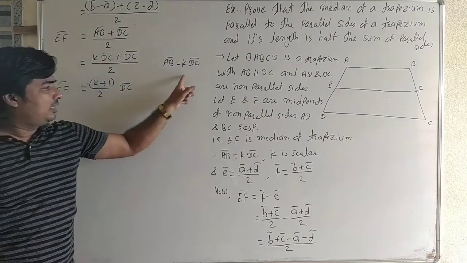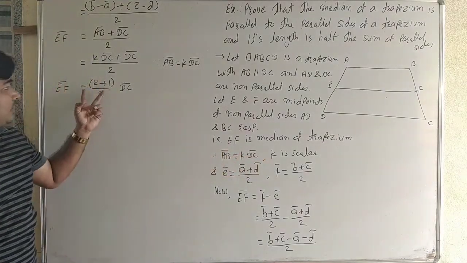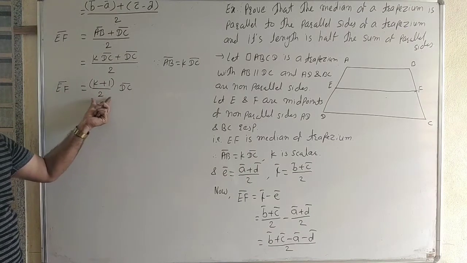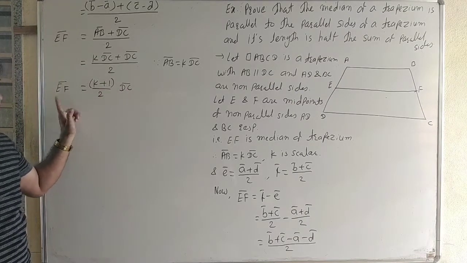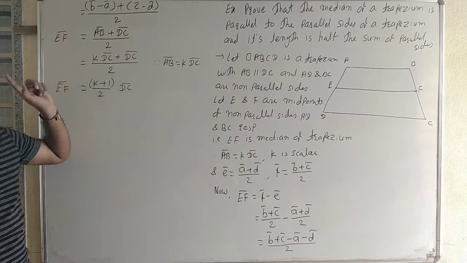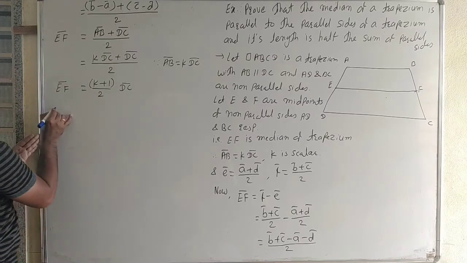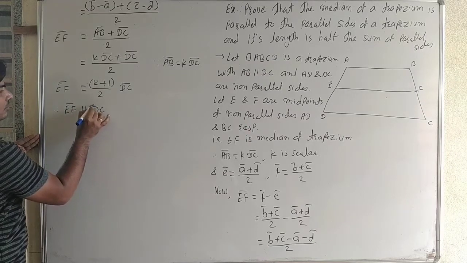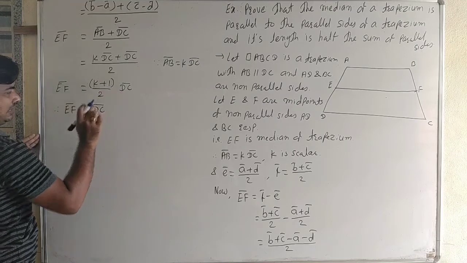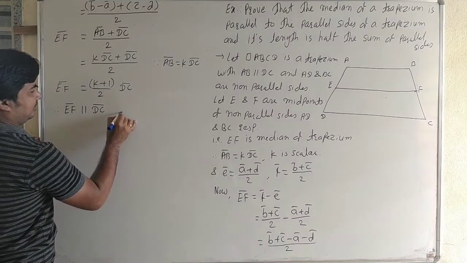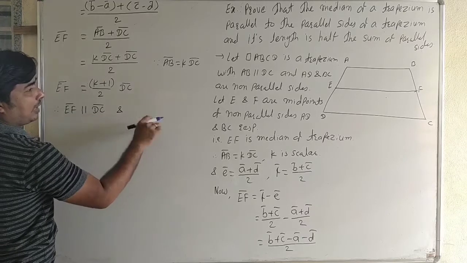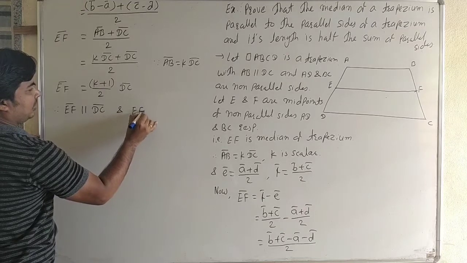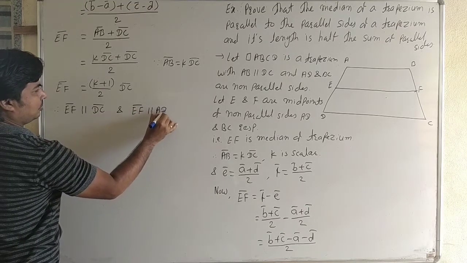Now here K is a scalar, so K plus 1 upon 2 is a scalar, therefore EF is a scalar multiple of DC, so EF and DC are parallel. Therefore EF is parallel to DC, and DC is parallel to AB. Therefore EF is parallel to AB.